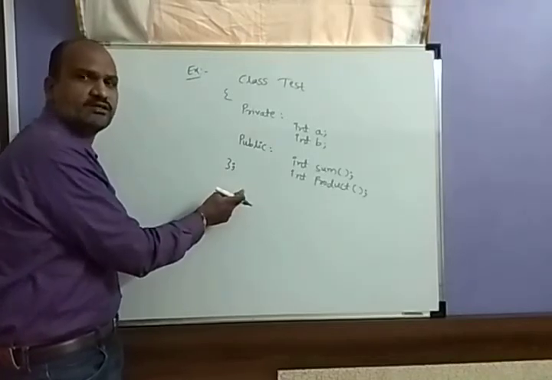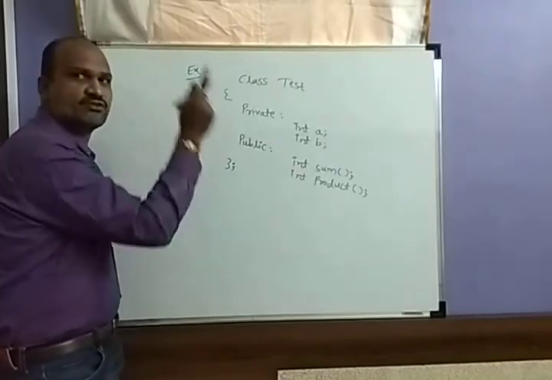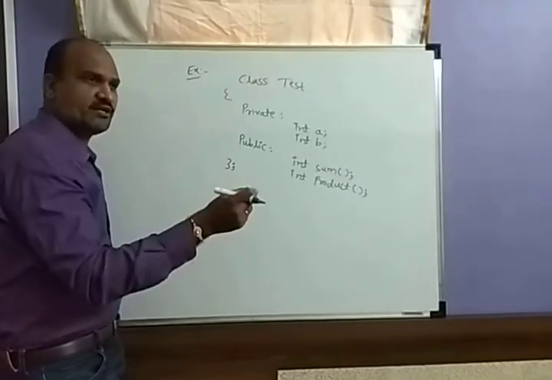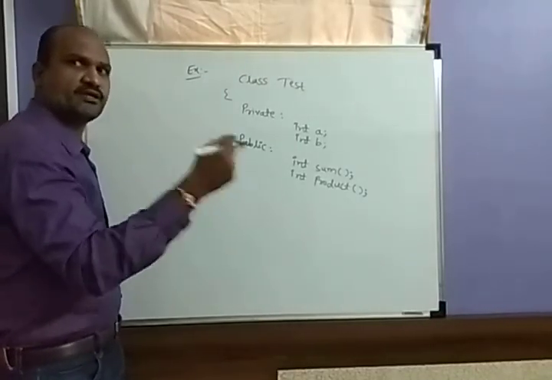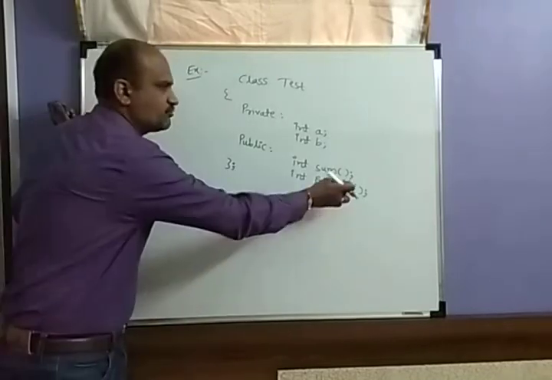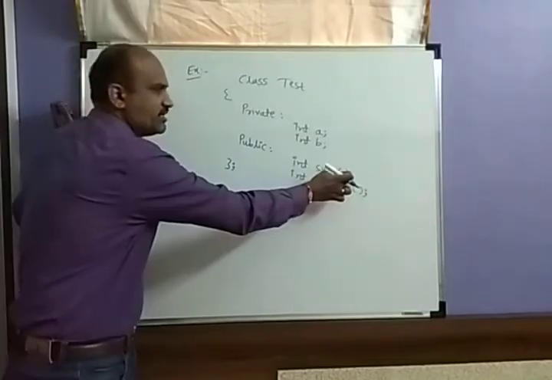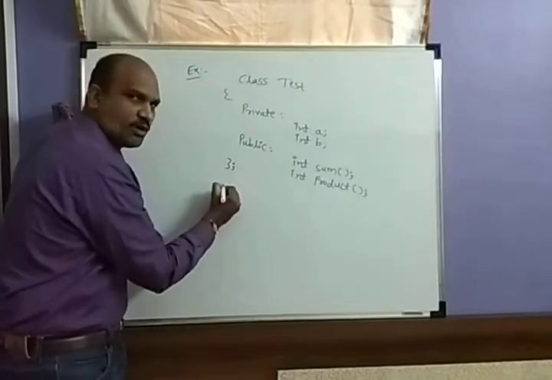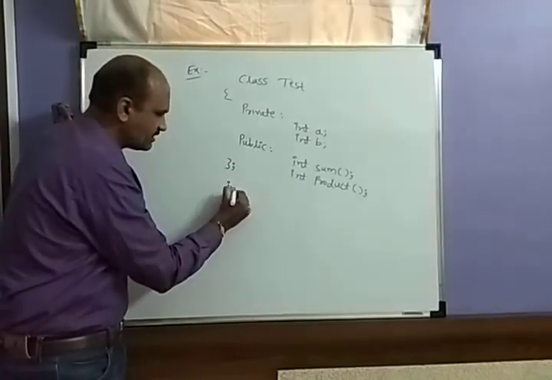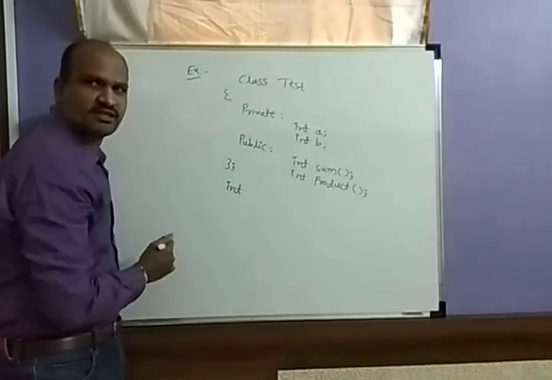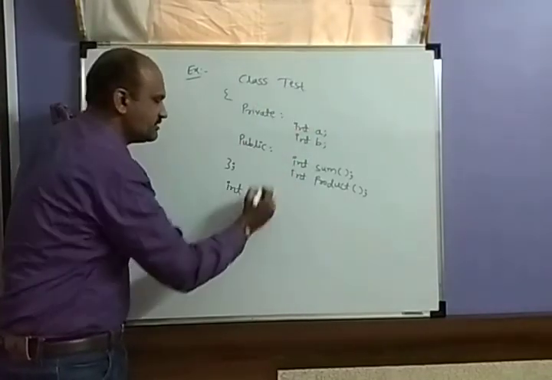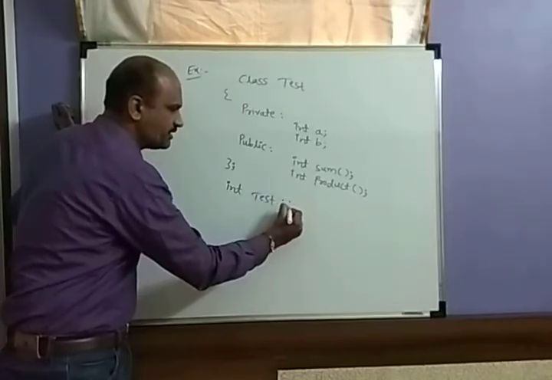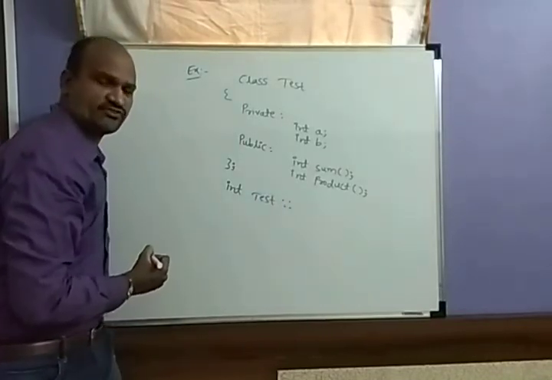Now we should define the functions outside the class. So you have to use the syntax as I told you earlier: return type, name of the class, scope resolution operator, and the member function. There are no arguments here, only the member function name. What is the return type? Int is the return type. What is the class name? Test is the class name. Then the scope resolution operator, according to the syntax.